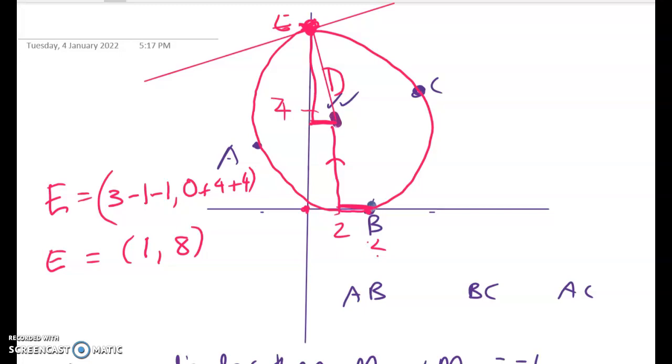All you need to notice is that the gradient from B to E is, just by looking at it, well, we've gone down 8, so it's -8, and we've gone out 2. So the gradient from B to E is -4. And that means the gradient of the tangent line will be perpendicular to that, right? Because the tangent is perpendicular to the radius.